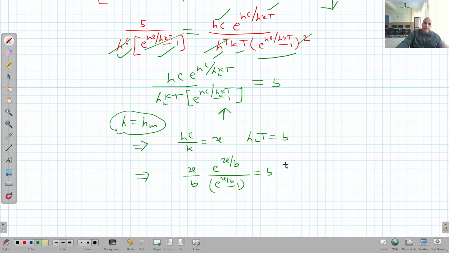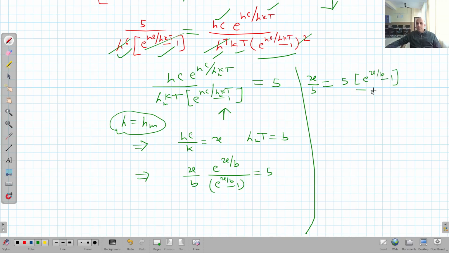When I simplify this equation, x upon b is equal to 5 into e raised to power x upon b minus 1 divided by e raised to power x upon b. So it becomes 5 into 1 minus e raised to power minus x upon b.